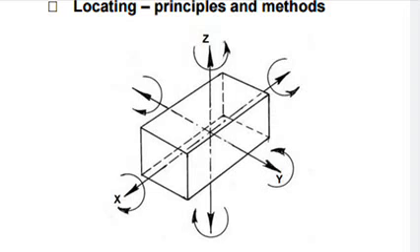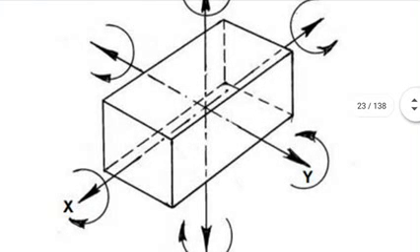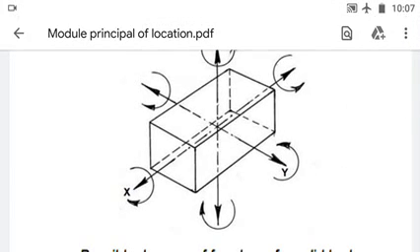But while doing so, you have to take precaution that not all degrees of freedom are blocked. Why? Because once the component is set up inside the block, if you want to remove it and put in another component, then at least some degrees of freedom should be provided. Therefore, out of 12 degrees of freedom, you have to arrest some, and we will see how it proceeds. I hope up to this you have understood.